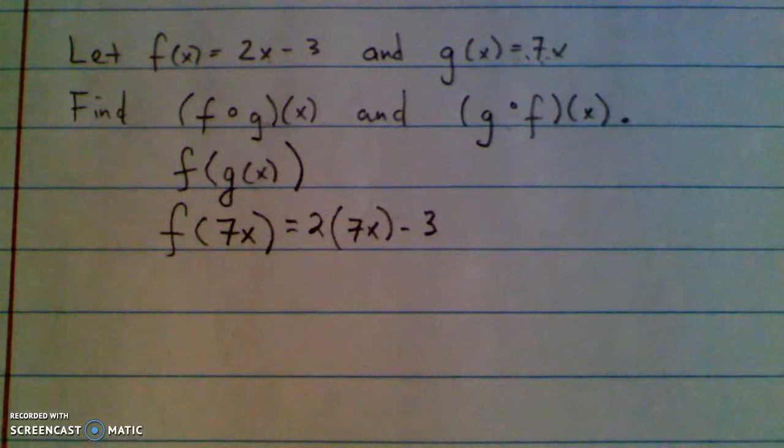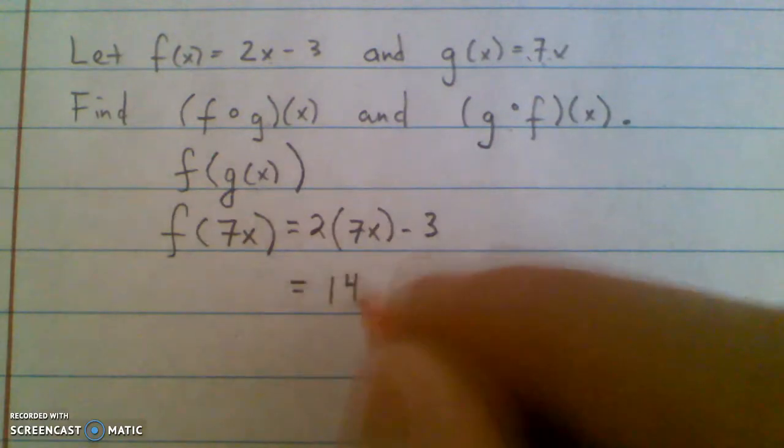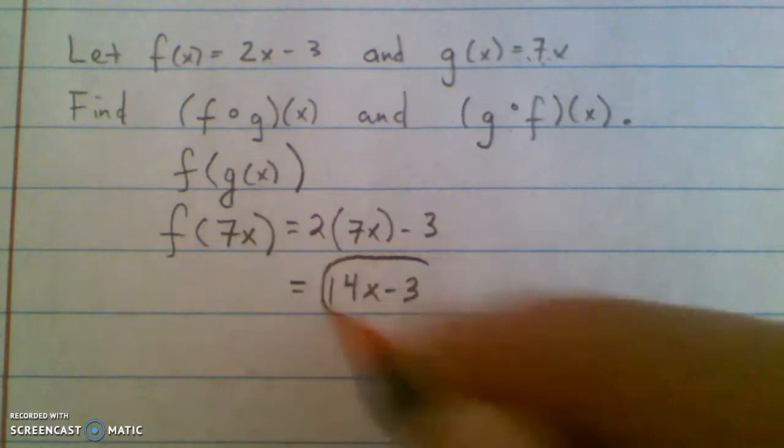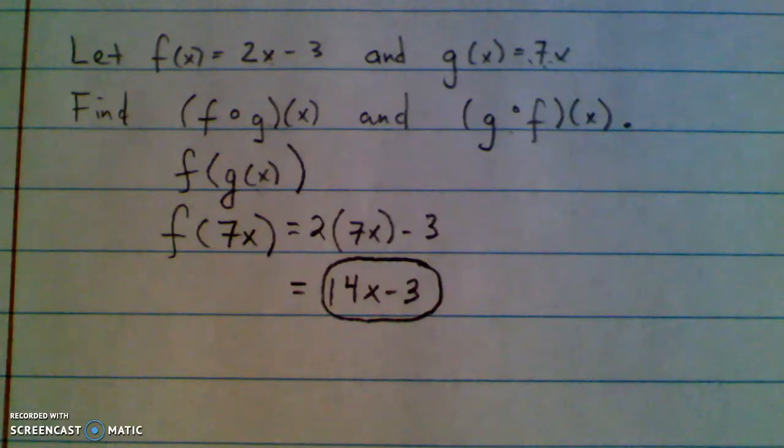We can make one simplification, right? 2 times 7x will be 14x. So that should simplify to 14x minus 3. And again, at that point, not like terms, so it's as simple as it can be.